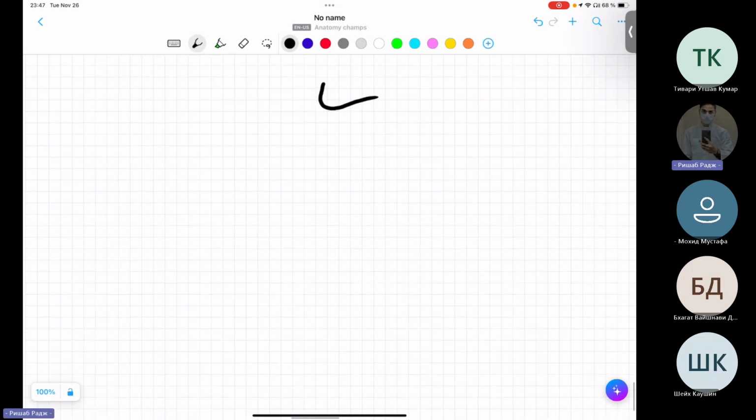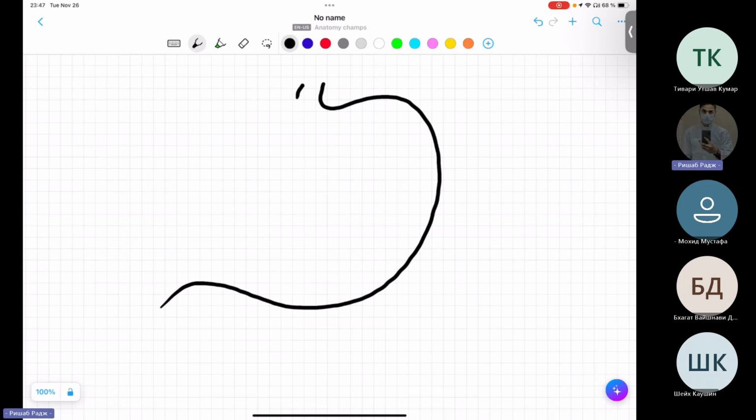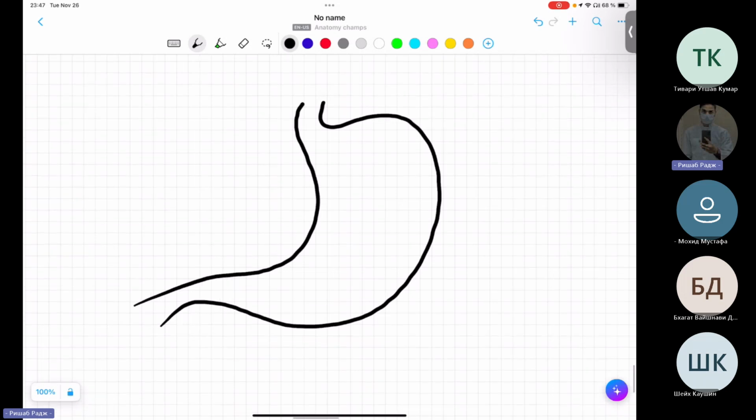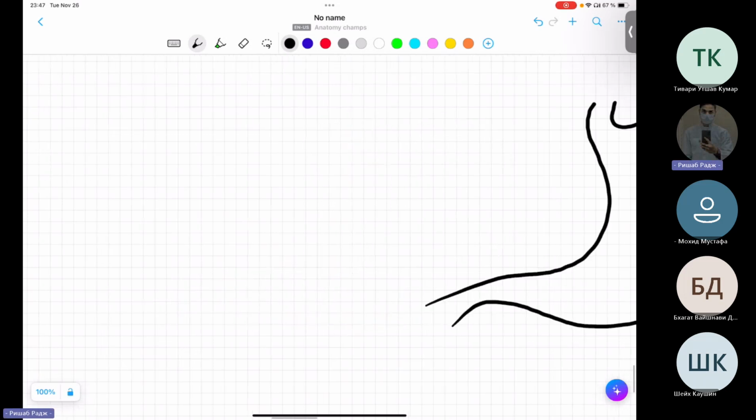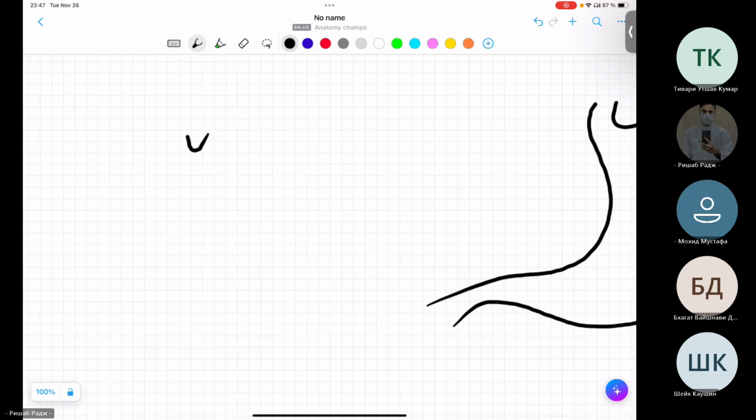Syntopy, which I'm drawing, might be different from your department because what I'm drawing is from Gray's. They follow Sappey, so it might be slightly different. So please consider this. First of all, let's draw our xiphoid process and let's make our costal margins.